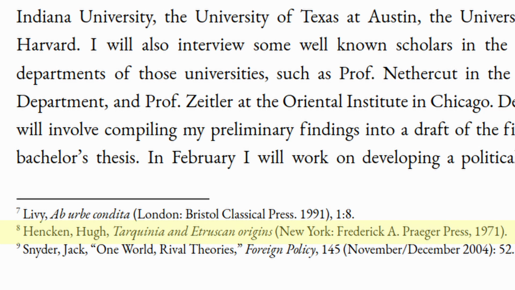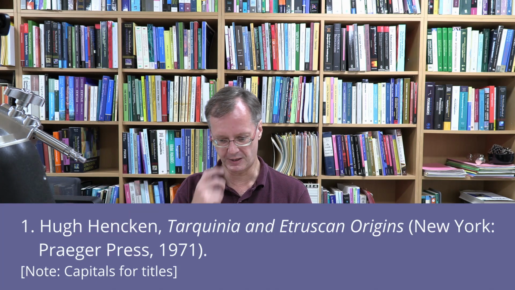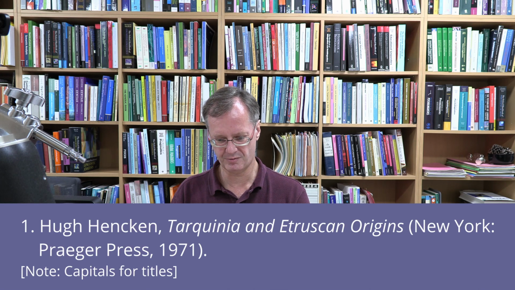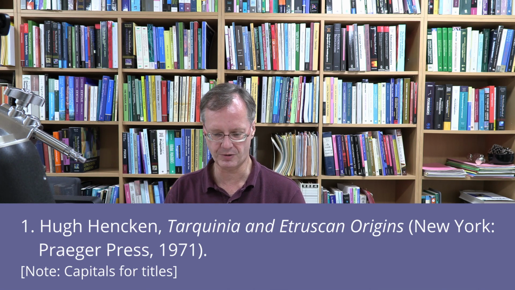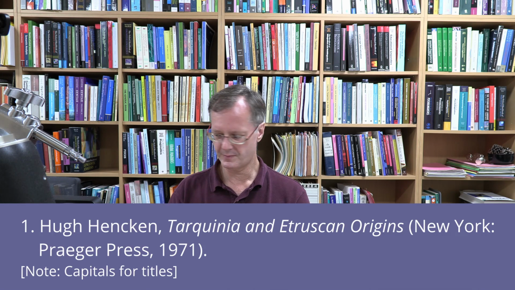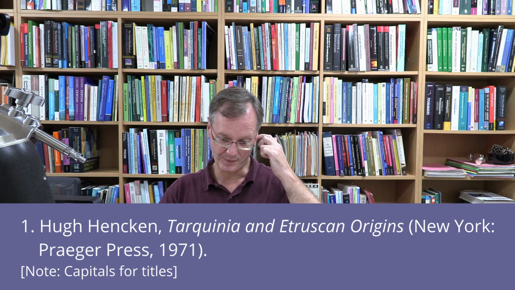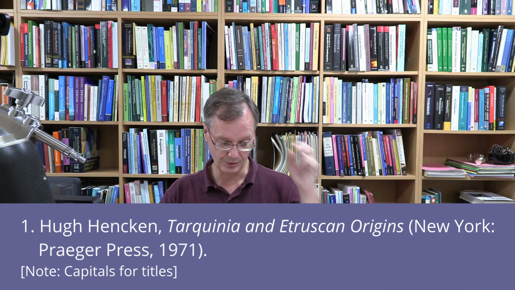If you're doing the long footnote style in your paper, I don't care if you do like Hugh Hencken or Hencken, comma, Hugh, family name first, or just first name, family name, I don't care. But it seems like the official Chicago format, it's just like this here, what you see on the screen. But like in some of the examples I did previously, I did have family name first, and I do see others doing Chicago style with family name first.